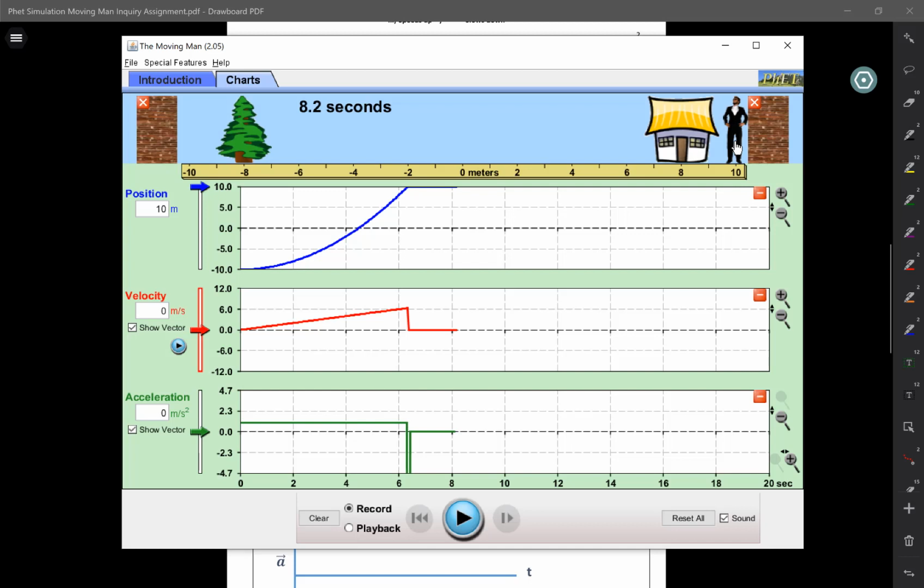The wall has to exert some sort of force, so the man goes from some positive velocity all the way to 0. So in that sense, he is slowing down, but he's not just slowing down slowly, he's slowing down in almost a split second. So to slow down that quickly, he needs an acceleration in the opposite direction in order to come to a stop right away.